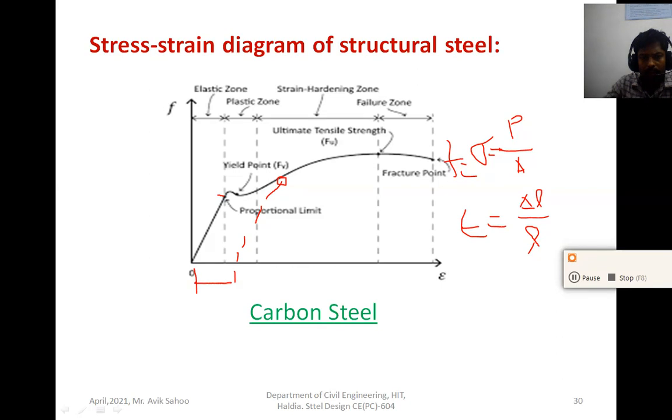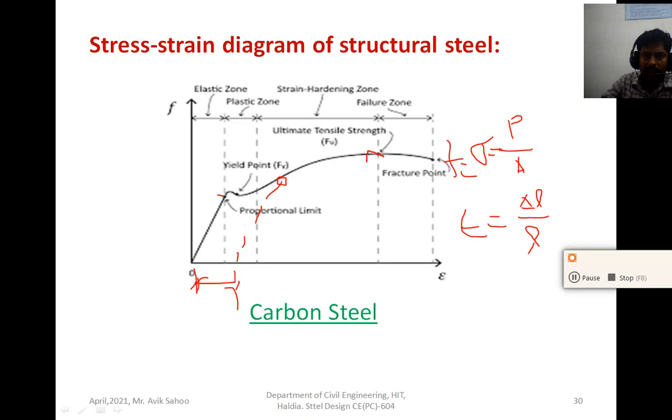We cannot get back the original length. This deformation remains after releasing the load, whereas in the elastic portion there is no permanent deformation.